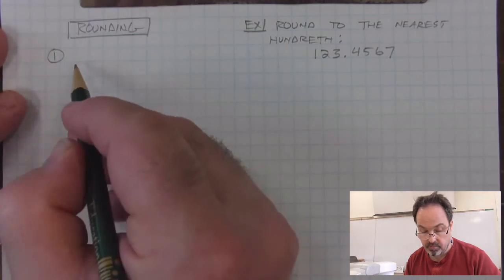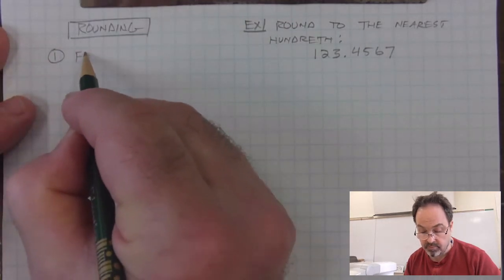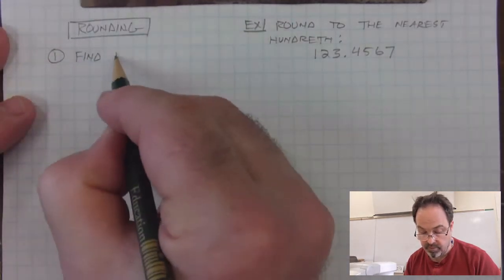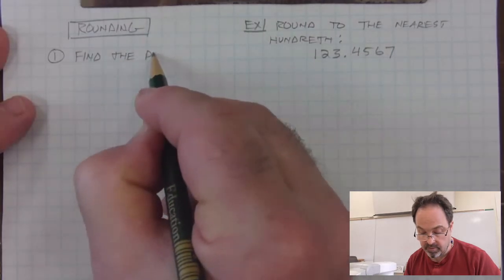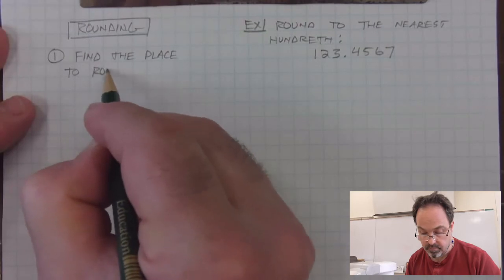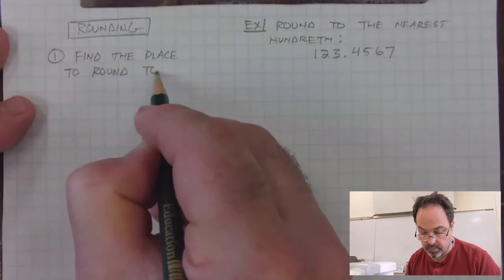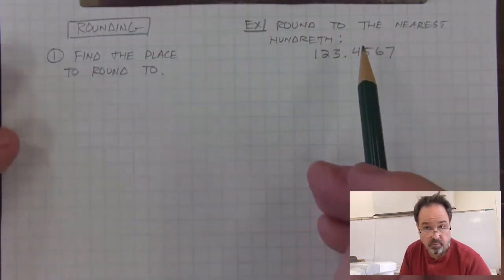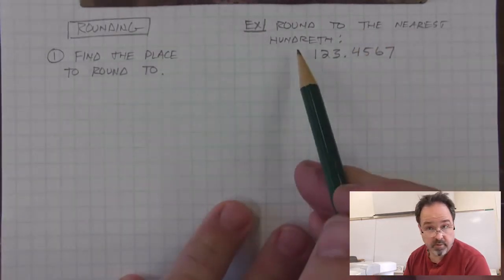We're going to follow a process which begins with finding the place to round to. In this example, we're told to round to the nearest hundredth place.